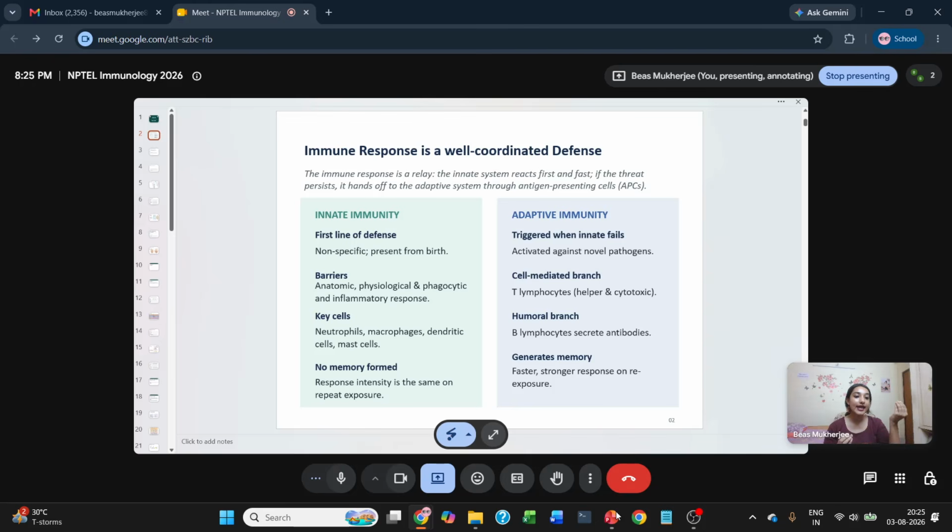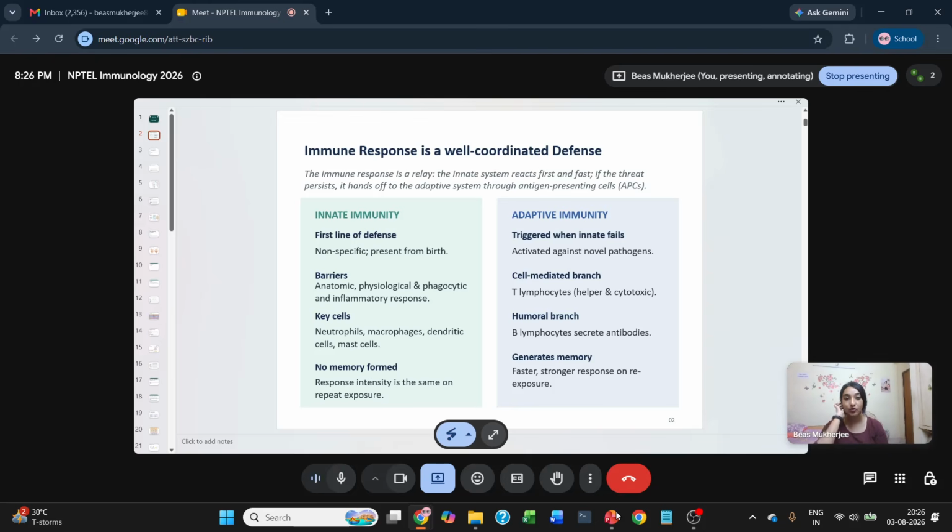As soon as any pathogen enters into the body, the innate immune response begins, and then it gradually calls the adaptive immune response into play if the pathogen is a new pathogen, or it is there in a large number, or something is so devastating that the innate immune response cannot deal with it alone.